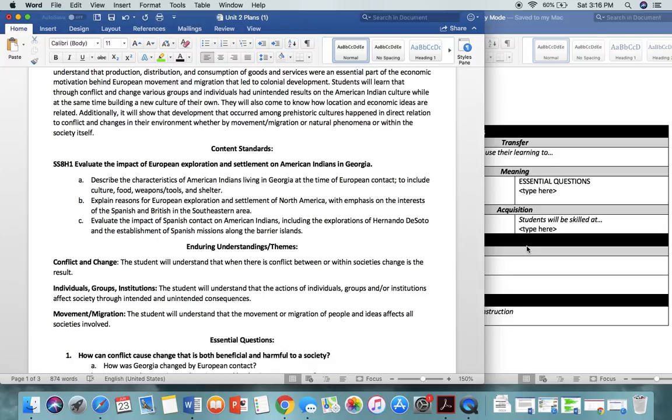I want them to be able to use these skills to truly understand that when there's conflict between societies, change is the result, and understand that the actions of groups and institutions affect society through intended and unintended consequences. And I want them to be able to use this knowledge to apply it to different areas of their life.